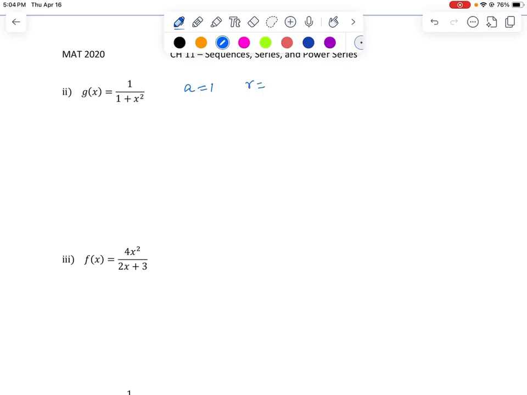Remember, we have to have a negative sign here in the middle. So r will be negative x squared. So how will you get the power series for this function, 1 over 1 plus x squared? Well, you have to plug in negative x squared in place of x in the power series of 1 over 1 minus x.